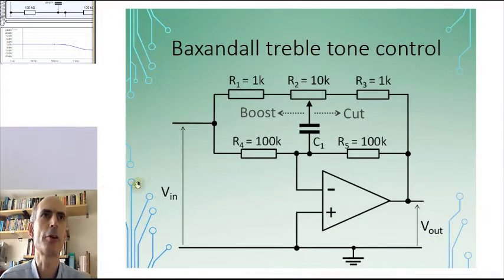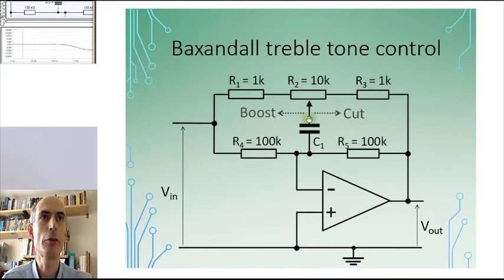So here is the circuit. And the first thing I'm going to try and do is convince you that at low frequencies, this circuit always has a gain of -1. And the assumption that we make to do that is that at sufficiently low frequencies, the impedance of the capacitor will be much greater than the impedance of any of these resistors.